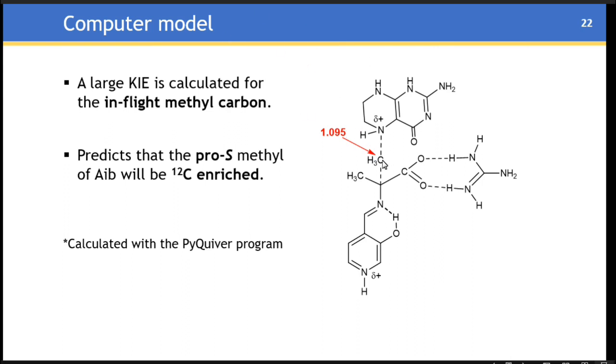And therefore this pro-S carbon will be enriched in C12. This assumes that the overall isotope ratios of the reactants are at the normal value from the reacting amino acids.